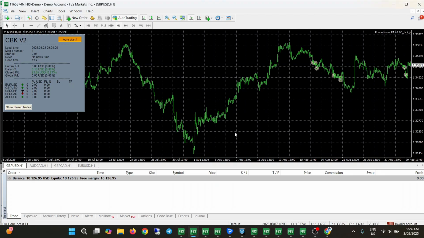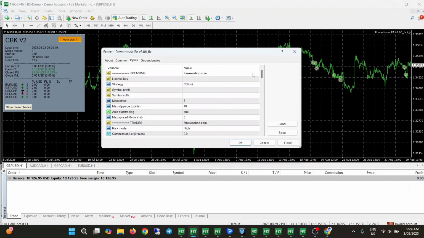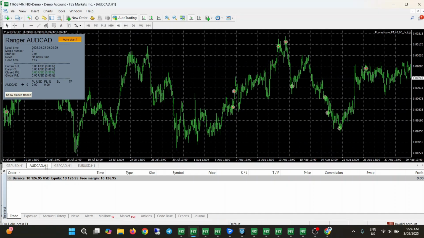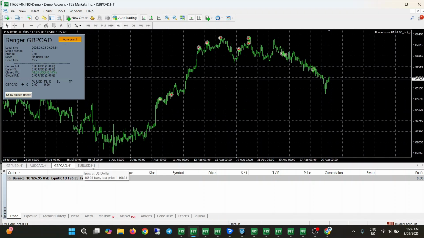So next I thought I'd trade Powerhouse EA. If you're not sure, Powerhouse EA is basically an expert that has a lot of different strategies that you can choose from. I thought I'd try the CBK and Ranger strategies on this account.